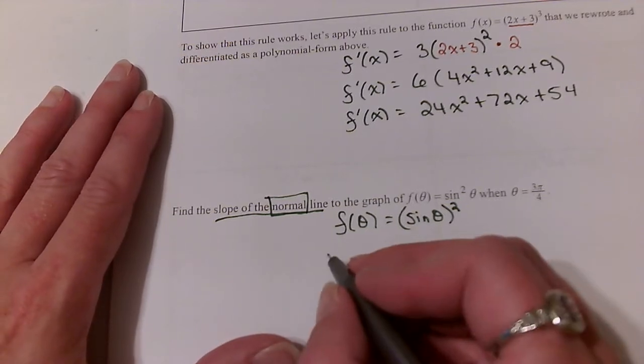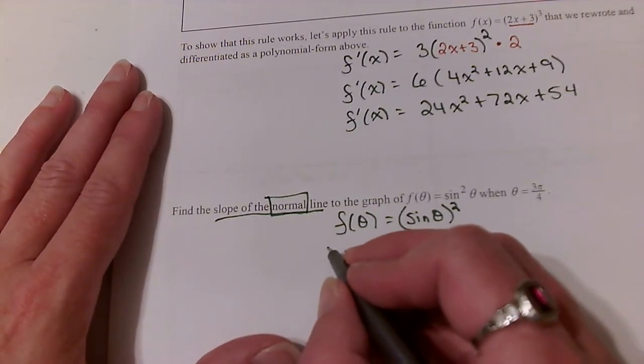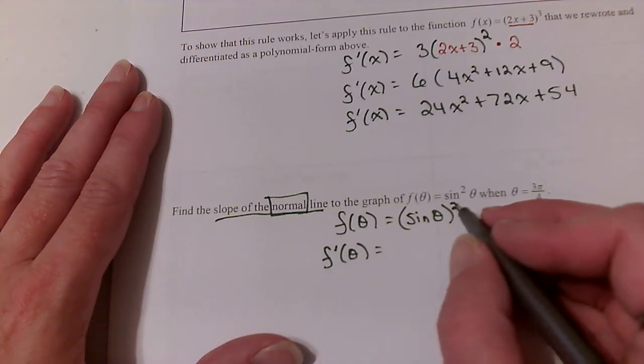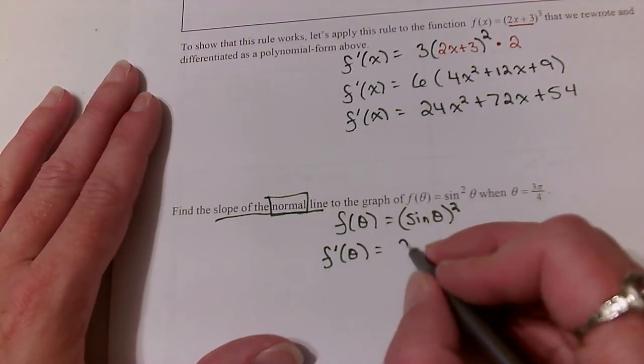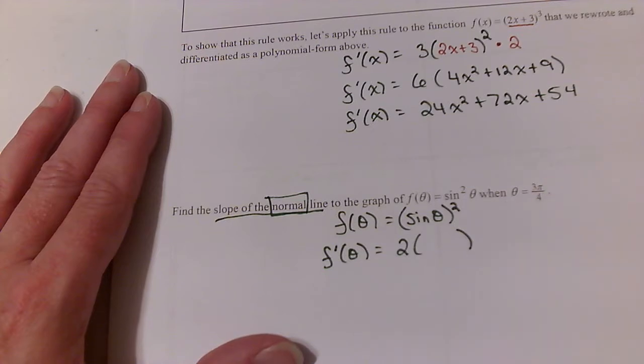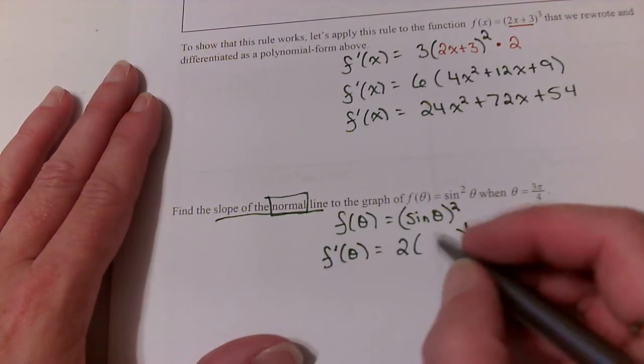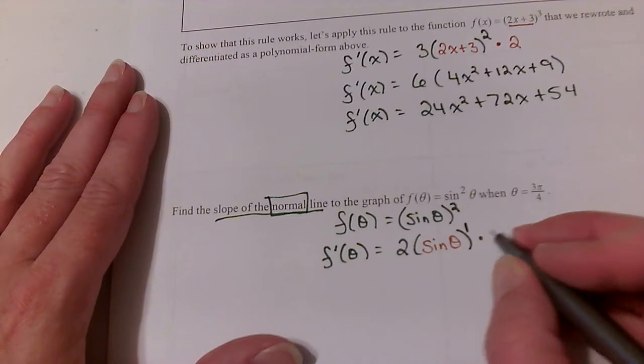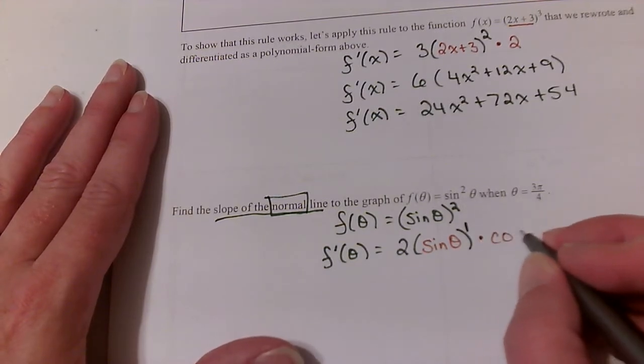So first off, I need to find the derivative. So the outer function is something squared. So that's going to be 2 times whatever that was to the 1 power. Well, the inside was sine theta. So I multiply by the derivative of the inside, which is just going to be cosine theta.